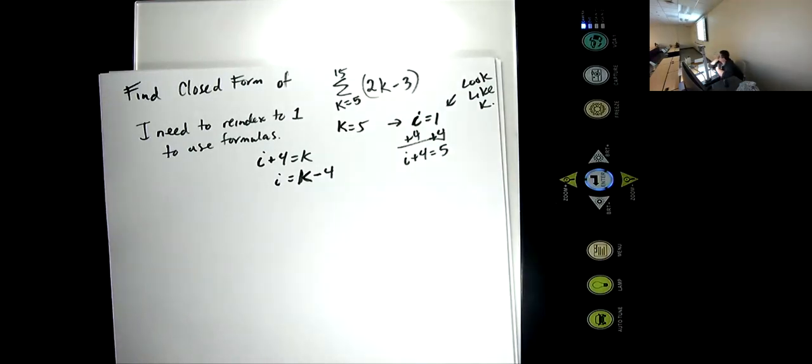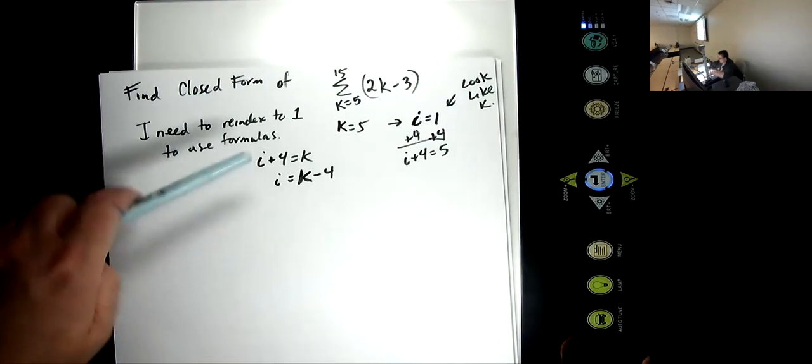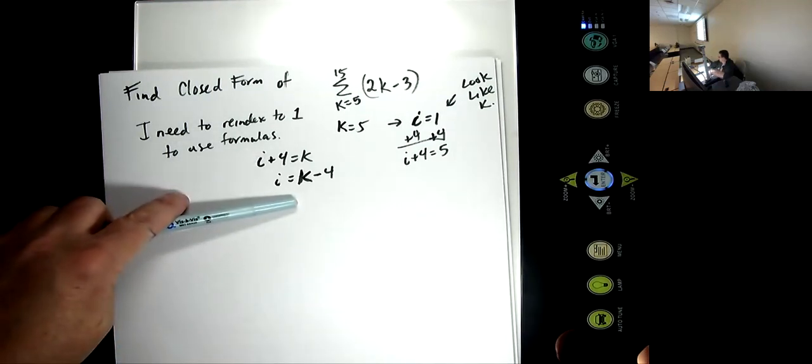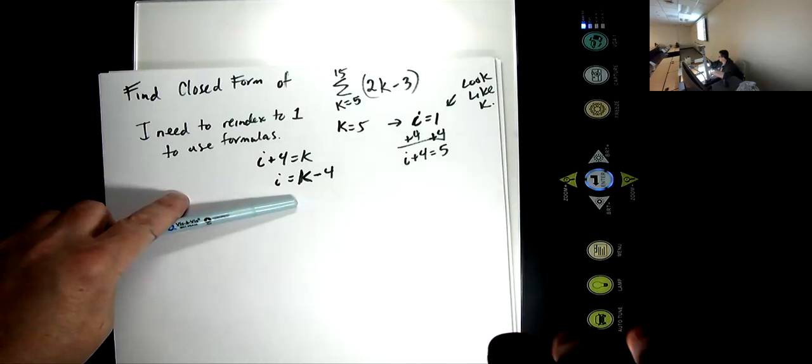Is there a reason you should use a different letter? You do not have to, but it's easy to get confused in the transition. In fact, when I'm done, I'm going to go back to k. Let's re-index it, and then we can switch back to k. The reason I don't say k equals k minus 4 is, listen to that out loud.